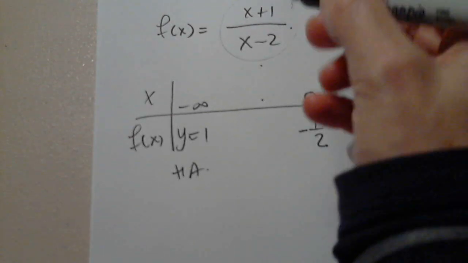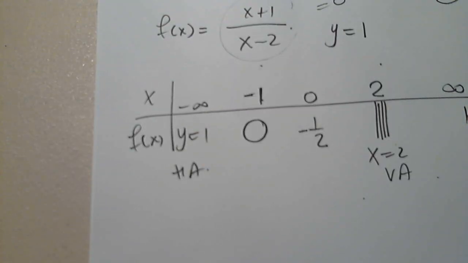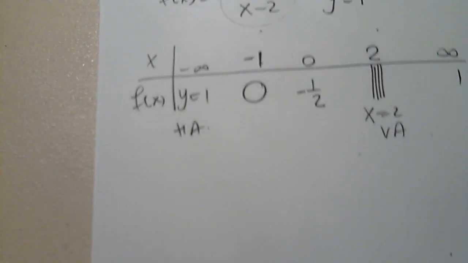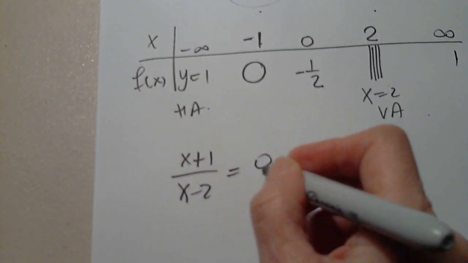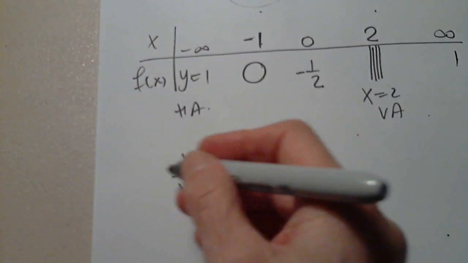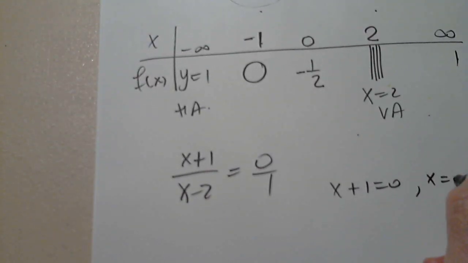So its numerator is 0 when x is negative 1. So let me write this here. x plus 1 over x minus 2 is 0, and we know cross multiply, right? When x plus 1 is 0 or x equals negative 1.